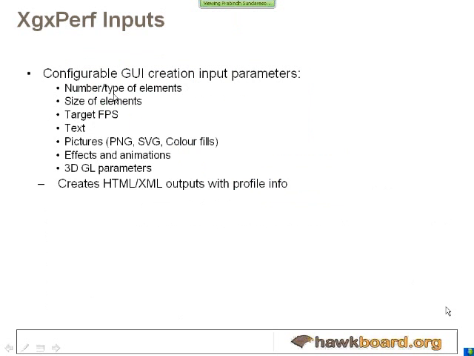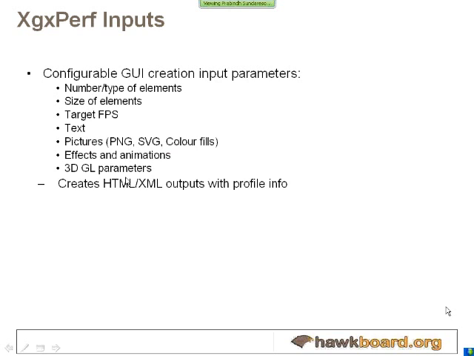There are various standard tests which are available that you can run, and these are the configurable parameters for invoking Xgxperf. What are the type of elements? What are the size of the components? What is the target frames per second that you want to update the UI, and what are the various configurations of text and pictures, and various other parameters relating to 3D as well, which may not be useful for HawkBoard.